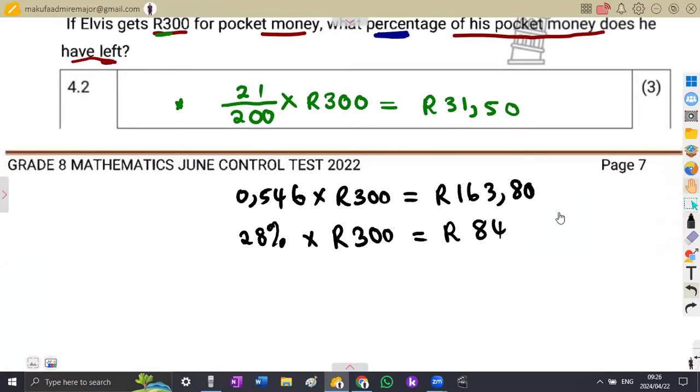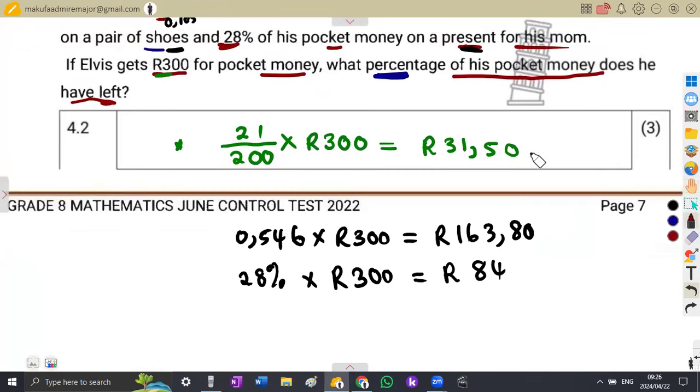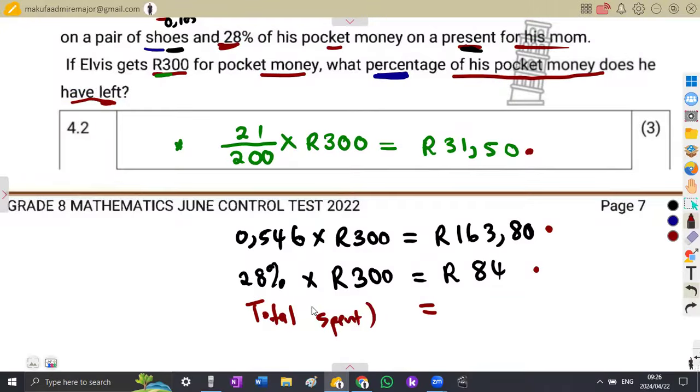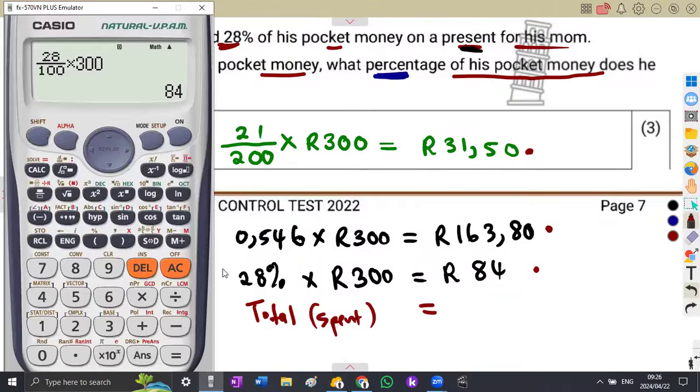But the question is, this is what he used. He used this, he used this, he used this. So what is the total that he used in all? We have to add everything that he spent. So we need the total amount he spent.